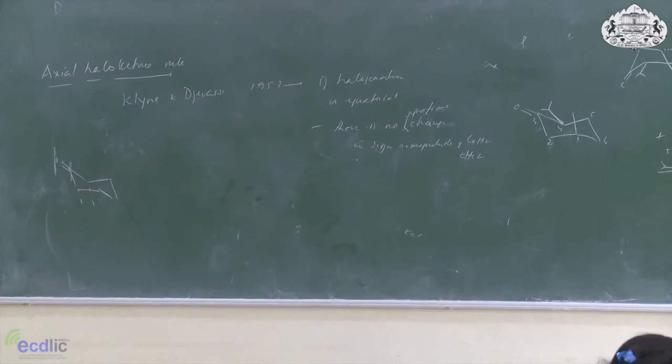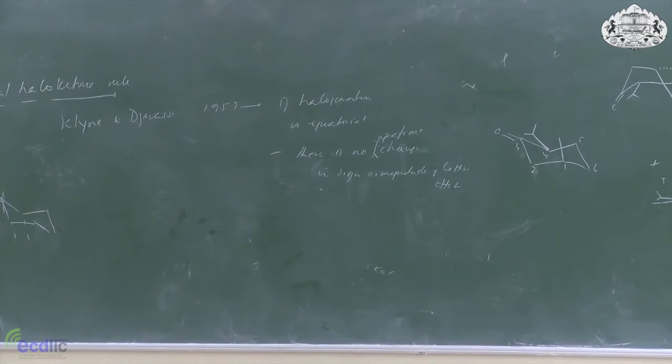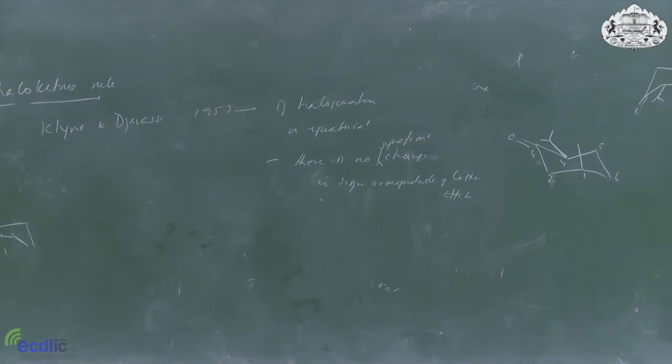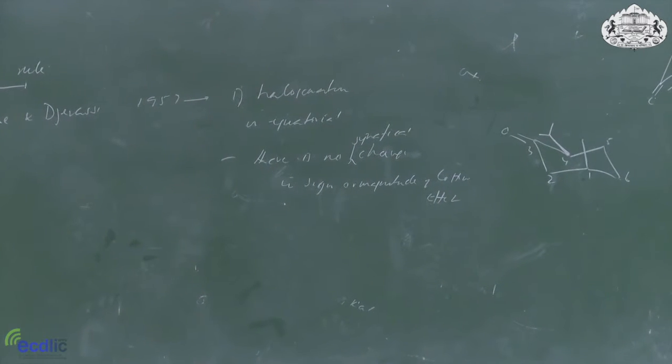But if the halogen is axial, there is a large change either in magnitude or also possibly a change in sign of the Cotton effect.